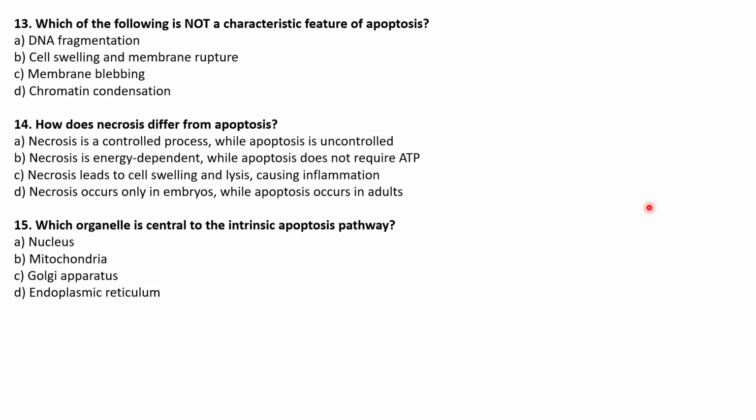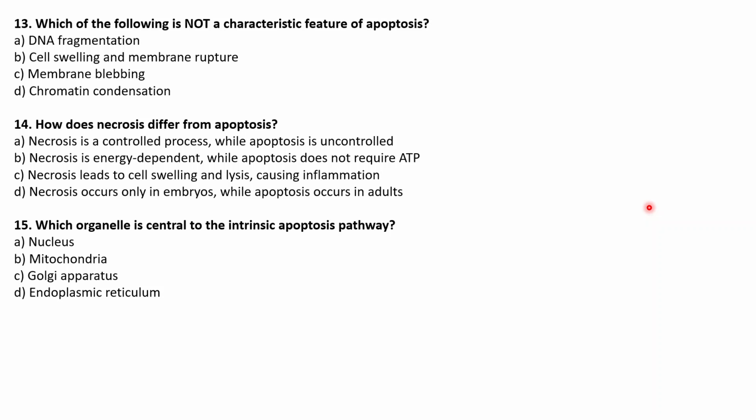So the extrinsic apoptosis pathway depends on your death receptor and death ligand interactions. So your FAS and TRAIL and TNF and all these receptor-ligand pairings lead to the extrinsic pathway, caspase 8 activation, and then apoptosis downstream.